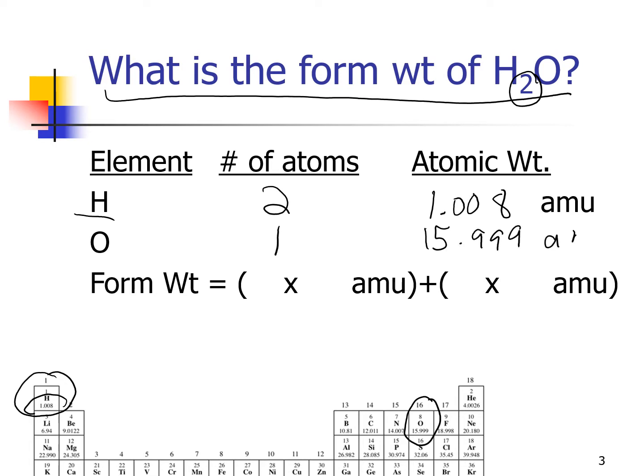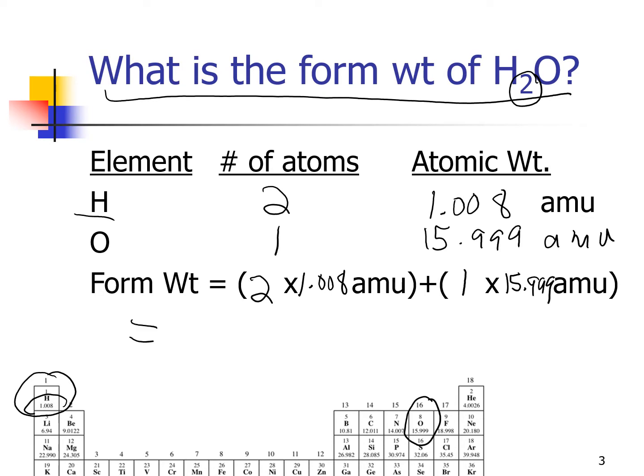The atomic weight of oxygen is 15.999 AMUs. Now, to determine my formula weight, I'm going to multiply the number of atoms of hydrogen, which is 2, times 1.008 AMUs, and I'm going to add the number of oxygens, which is 1, times the mass of one oxygen, which is 15.999 AMUs.